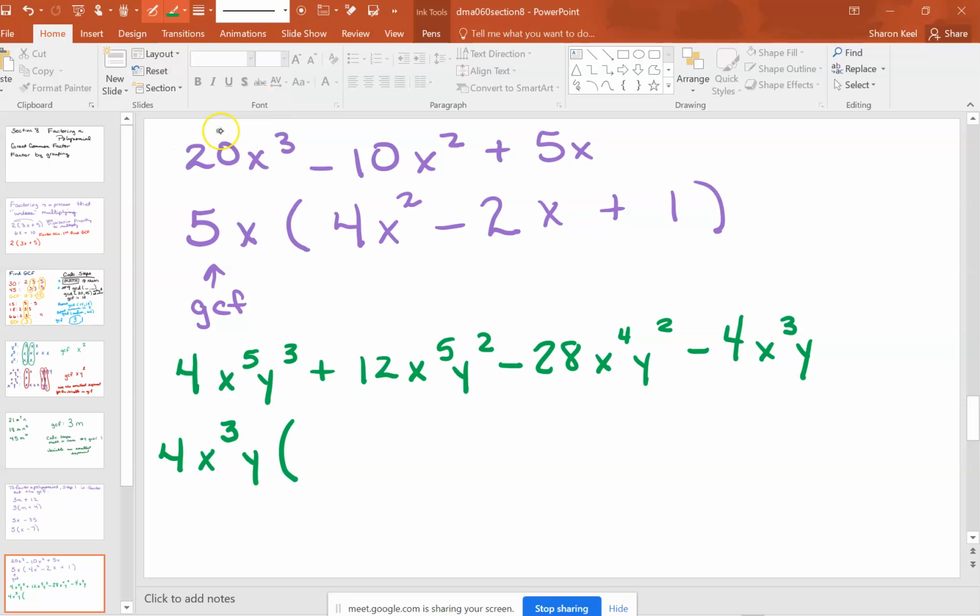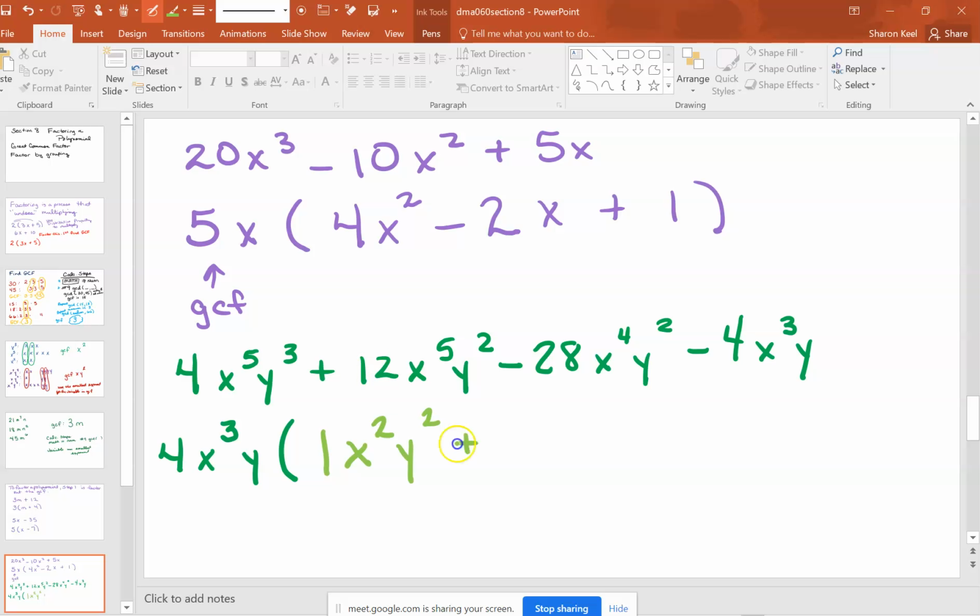Then 4 goes into 4 once. You don't have to write the understood 1, but I'm going to put it there. If I take 3 x's away from 5, I'm left with x to the second power. If I take 1y away from 3, I'm left with y squared. So you really wouldn't write the 1, you would just have x squared y squared.